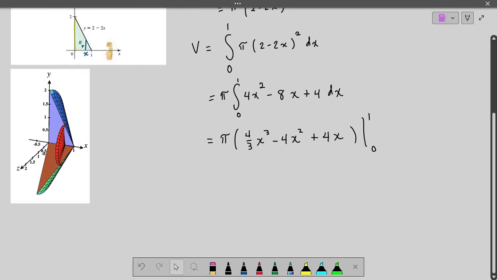And the lower limit of 0 plugged in is not going to give us anything. Plugging in 0 gives 0. So we will end up with pi multiplied by 4/3 minus 4 plus 4.